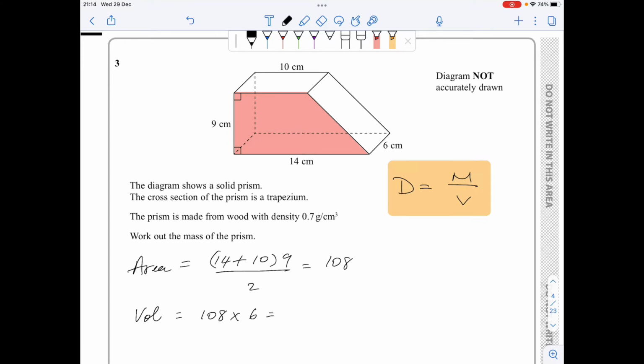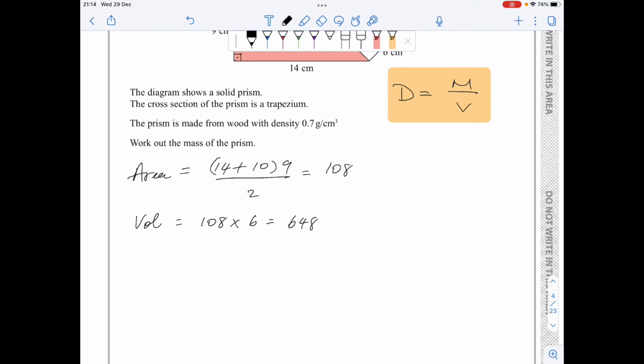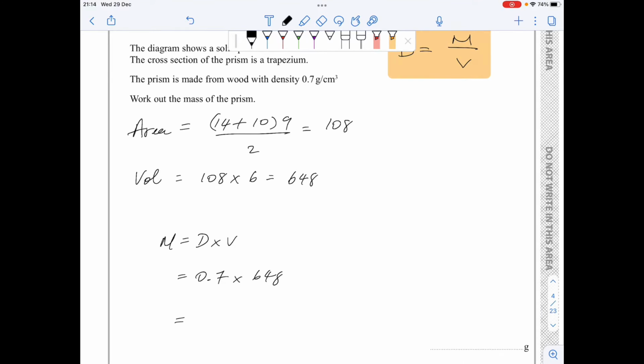It will give me 648. Then I will rearrange this formula: mass equals density times volume. So it's 0.7 times the volume I found. And the final answer will be 453.6. And these are grams.